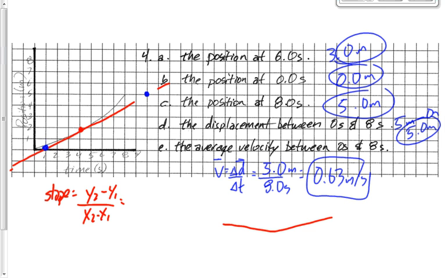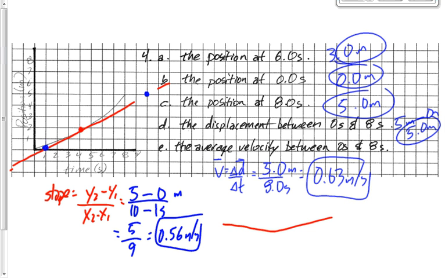So I picked these 2 blue points here. y2 minus y1, I'm going to say 5 minus 0 over, and that's meters by the way, over x2 is going to be 10 seconds minus 1 second. So I get 5 over 9, which is equal to 0.56 meters per second.